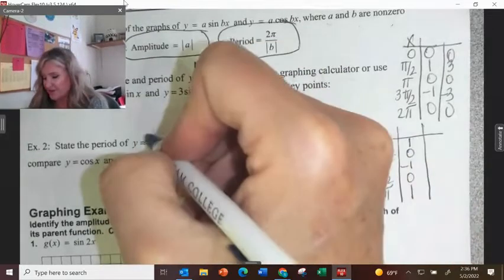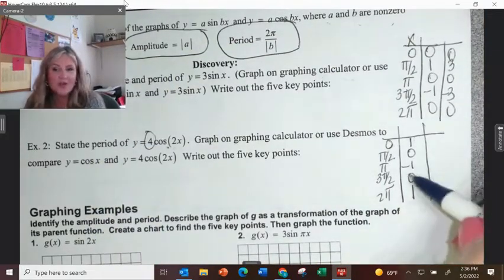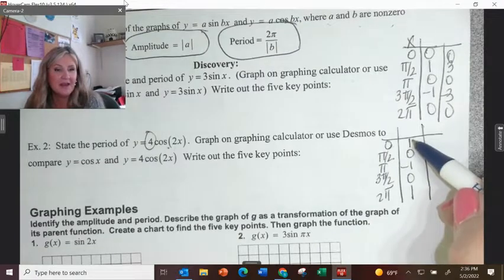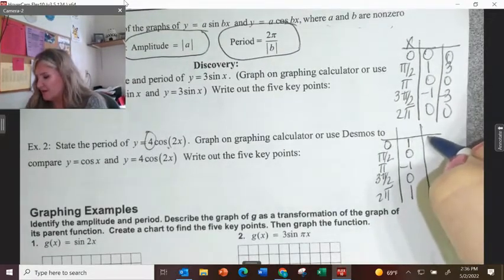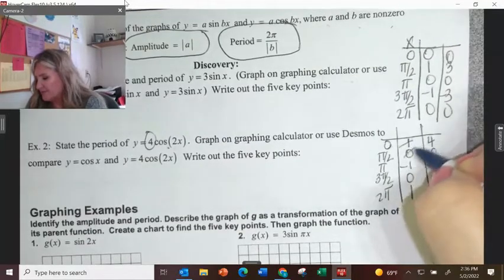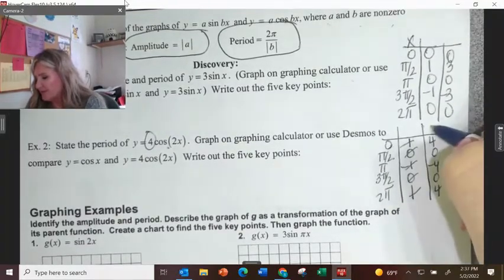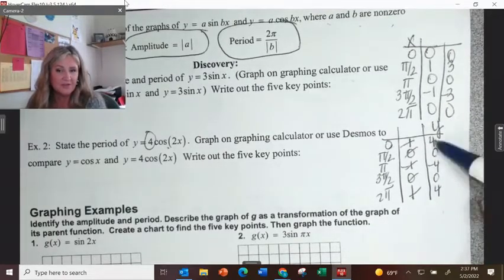Let's look here first. What is this 4 going to do? Stretch it vertically, right? So what are our new y values going to be? Great. So these are going to be our new y values right here. These are the y values we're going to use.